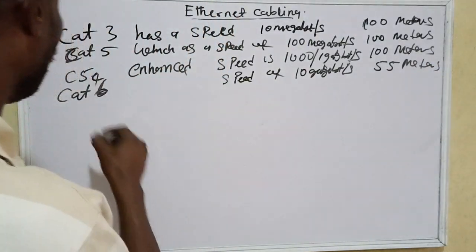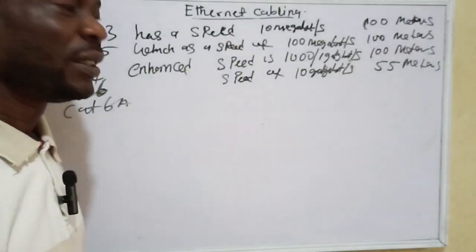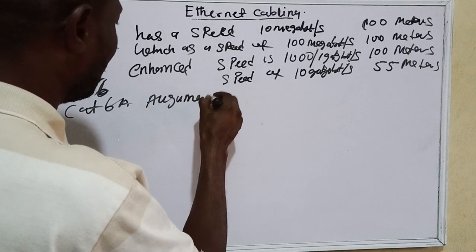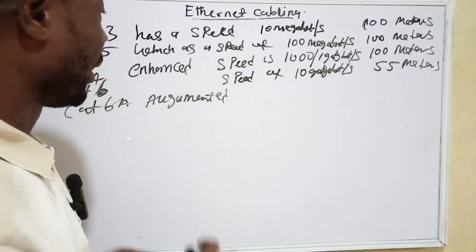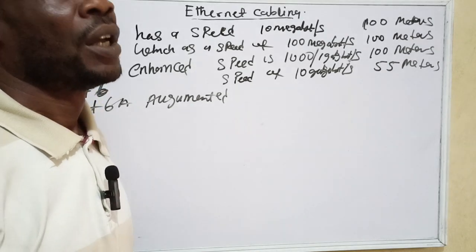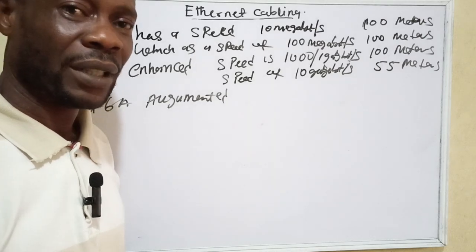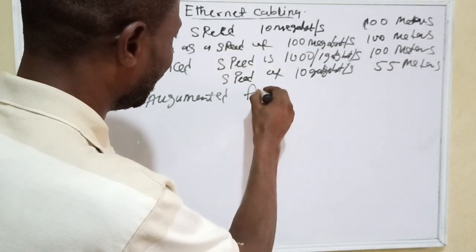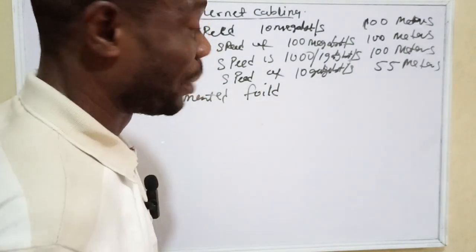Then Cat 6A. This A means augmented. This augmented means the copper wires inside are foiled in order to protect them from electromagnetic interference.